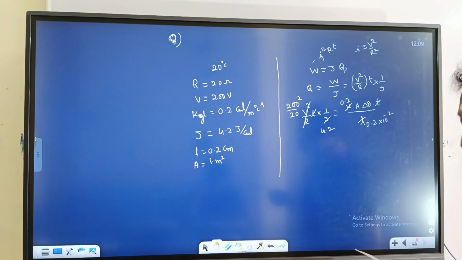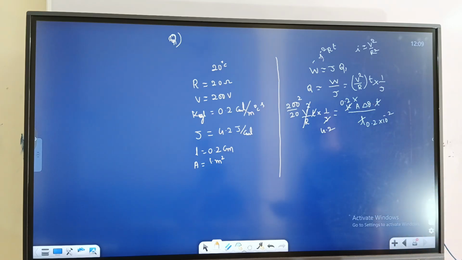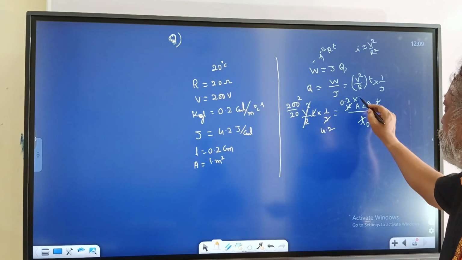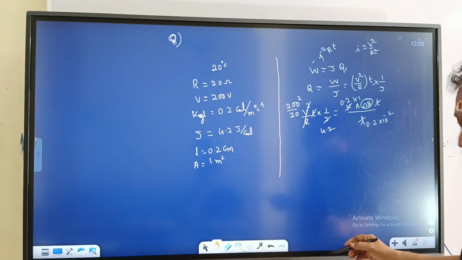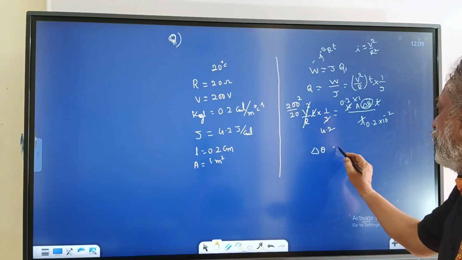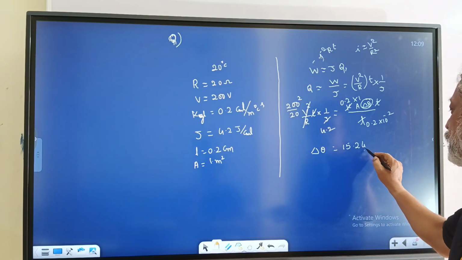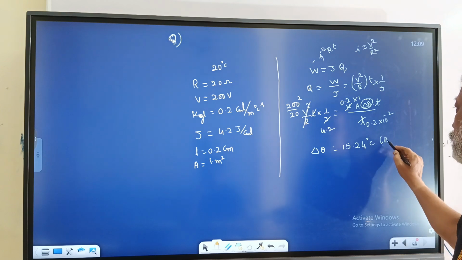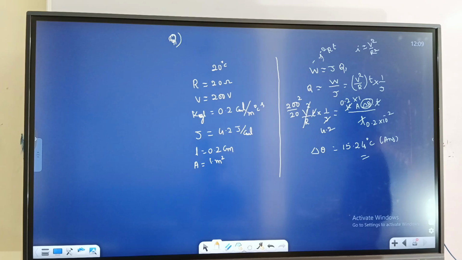And the area is given as 1 meter square. Now if we simplify, delta theta value you are going to get as 15.24 degree centigrade. If we simplify, you'll get the value. Okay, right? Thank you.